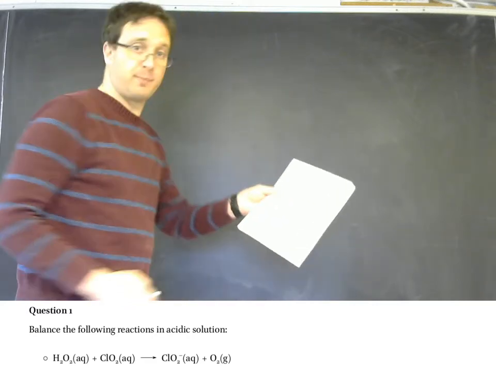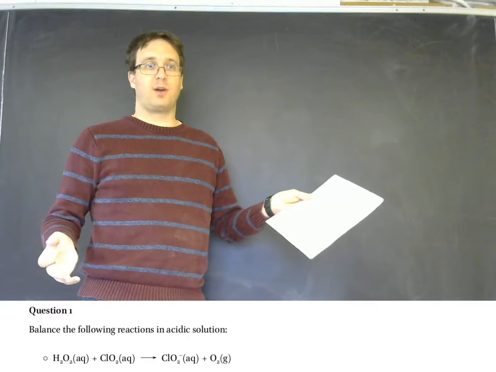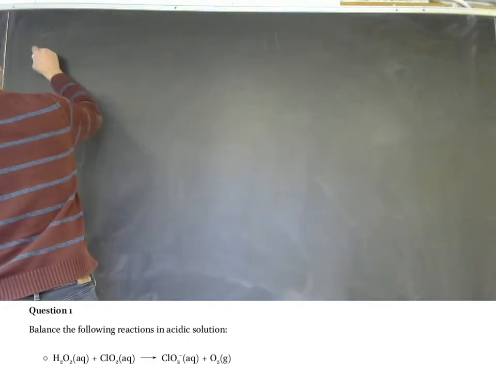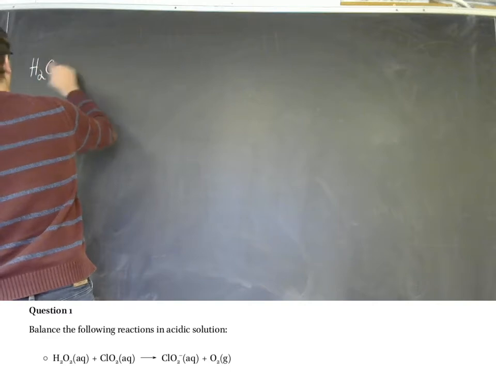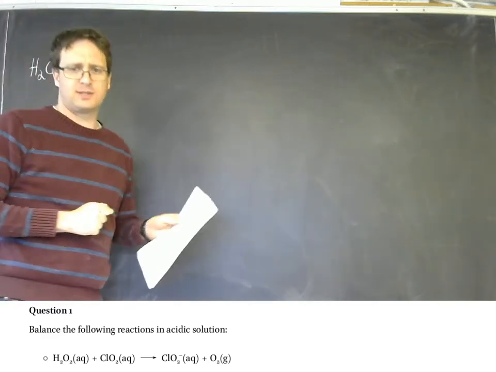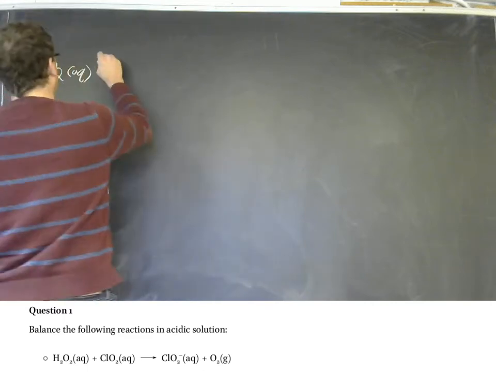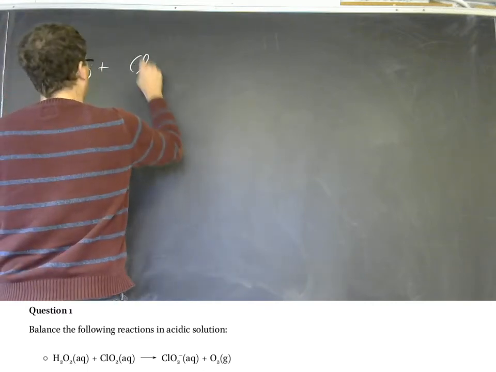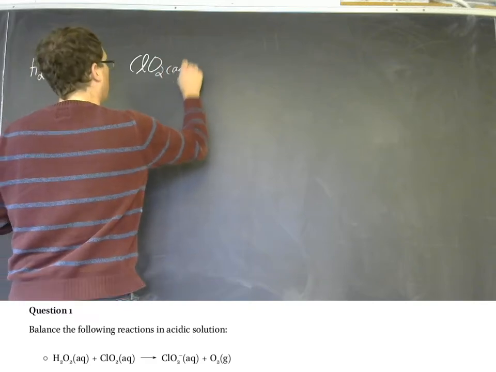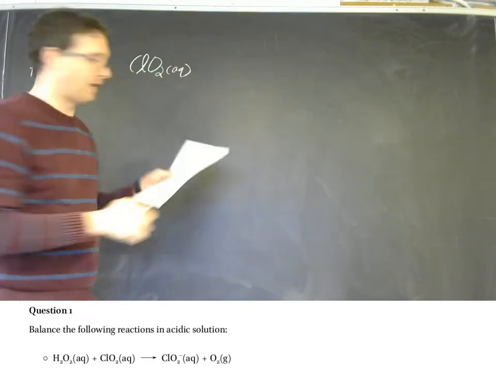Let's start by writing it out, and I'll write small because we will need to write a lot down. So H2O2 is hydrogen peroxide. ClO2, chlorine dioxide.